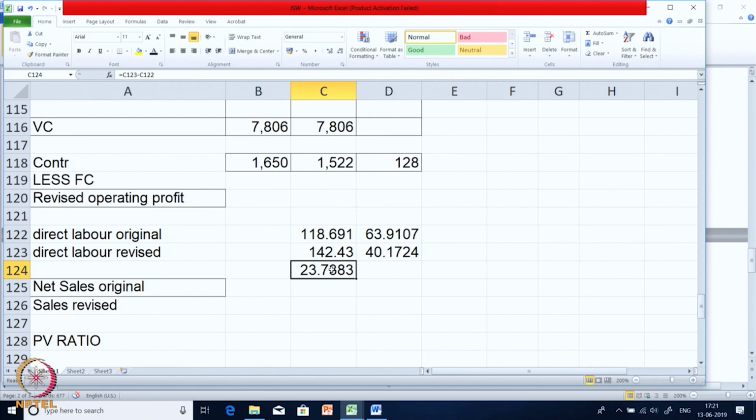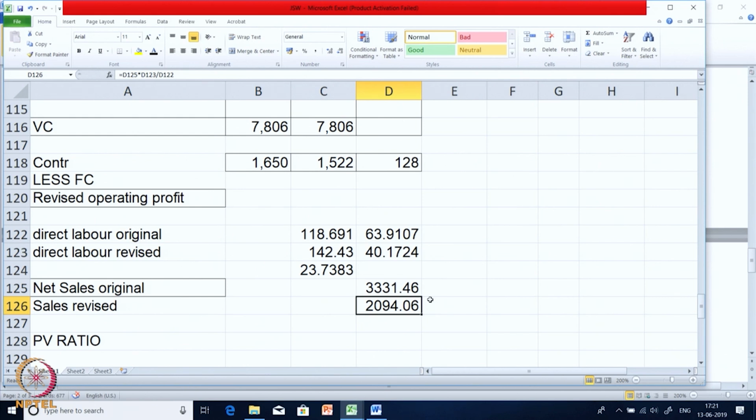Now the labor is in short supply, it cannot come for free. So we will reduce the labor from B. 63.9 is the original labor for B. We will reduce it by 23, making it only 40. That leads to changed sales for B. The original sale for B was 3331.46. It will substantially come down to 2098.